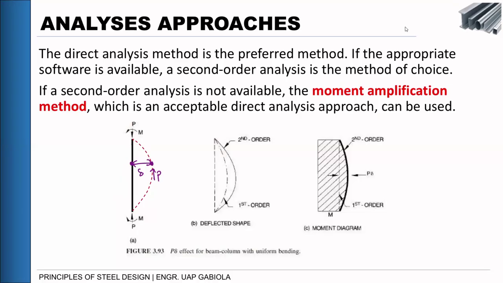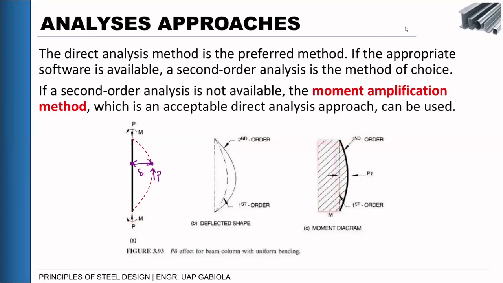That is the second order effects. That's why from our first initial moment or deflected shape, the second order effect will be additive with our first order. So pag tingnan natin yung moment diagram niya, nung nag-calculate lang tayo as is uniform lang siya all throughout the member.